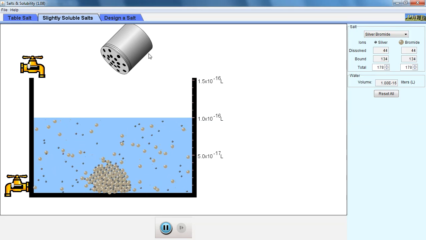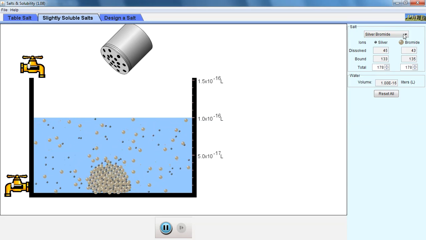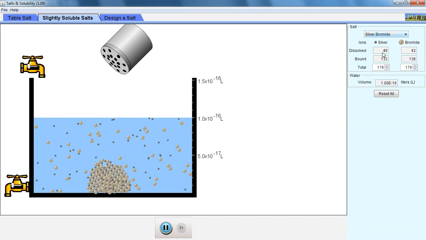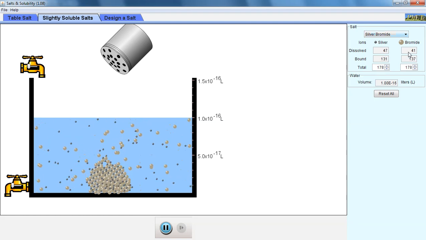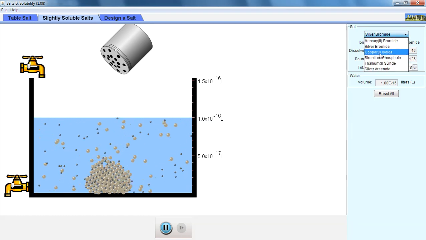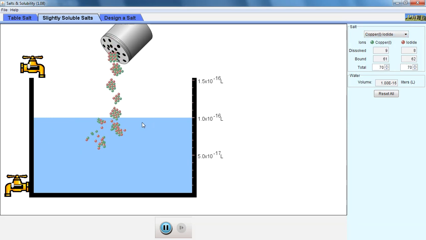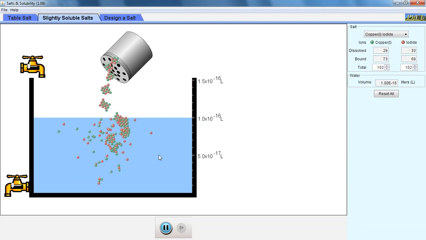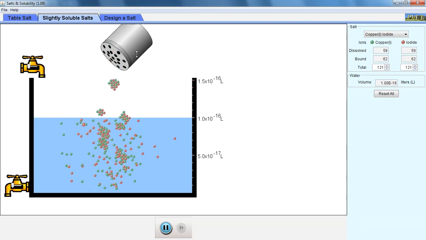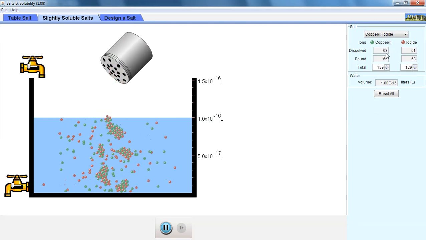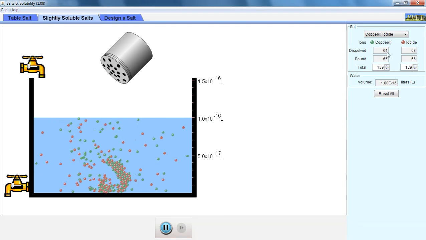And we can compare this with another salt. Notice the number around about 46 is dissolved. So let's explore copper(I) iodide. Is this more or less soluble? If I add this, notice I have more that has actually dissolved.